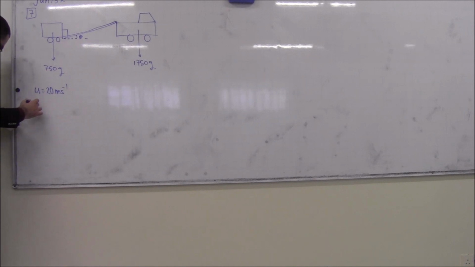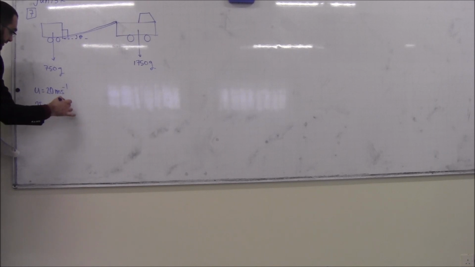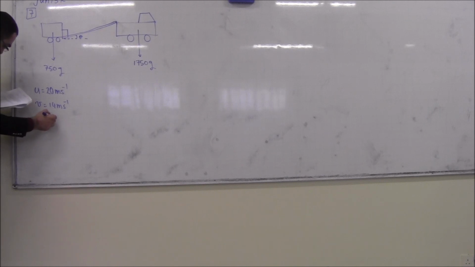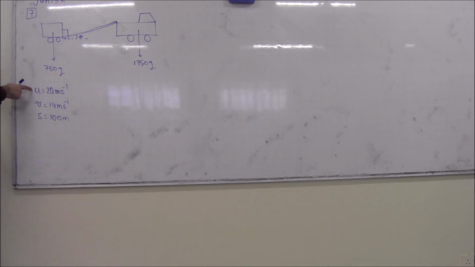Then to reach the speed limit, final speed 14 meters per second, the distance traveled is 100 meters, to slow down from 20 to 14 meters per second.